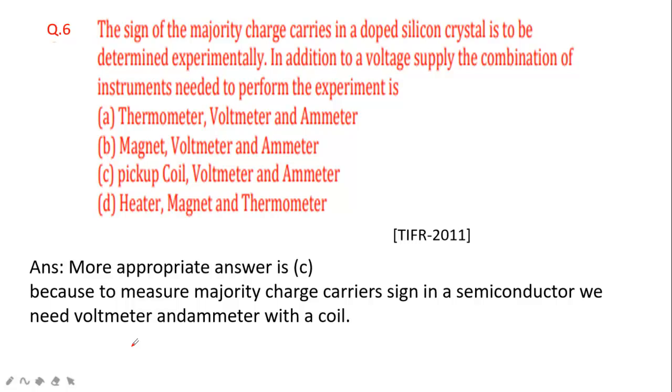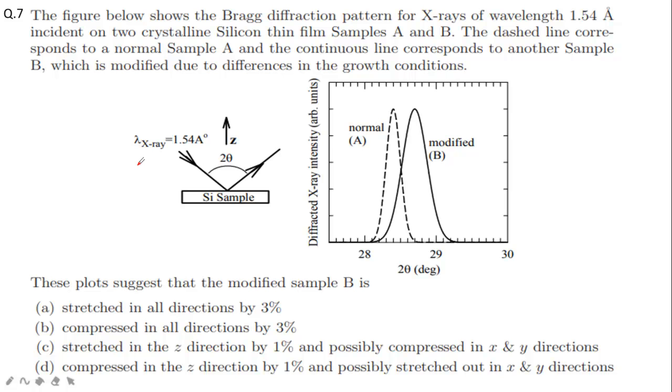In addition to a voltage supply, the combination of instruments needed to perform the experiment is... See, all the answers may be correct, as we can measure the voltage supply for any doped semiconducting crystal with such combinations. But the more appropriate answer we think is C. We can use a pickup coil, voltmeter and ammeter. So yes.